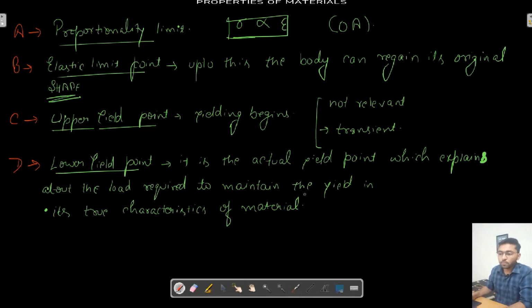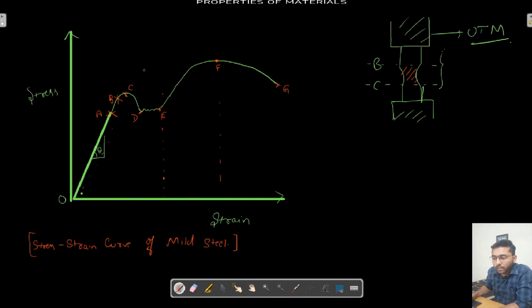Okay, so in this diagram we can observe that there is a difference between point C and point D in the stresses, as point C is carrying a higher amount of stress as compared to point D. Okay, so why does it happen?